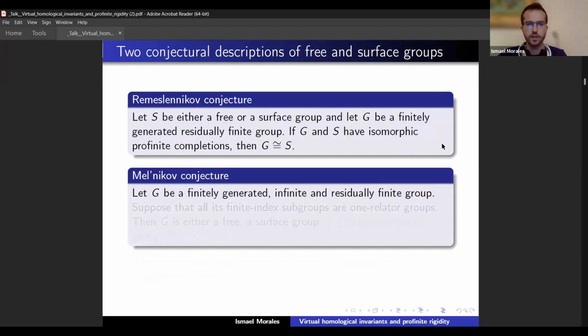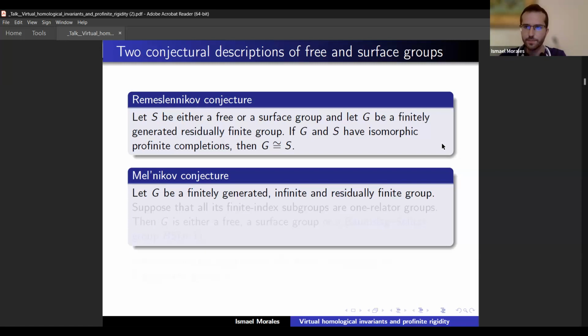And the second conjecture I wanted to mention is the conjecture of Melnikov. There are variations of this. Maybe it wasn't stated exactly like this originally, but it's usually divided in two.